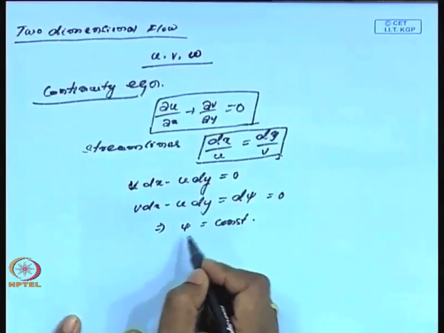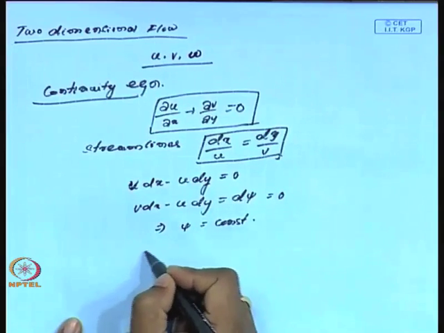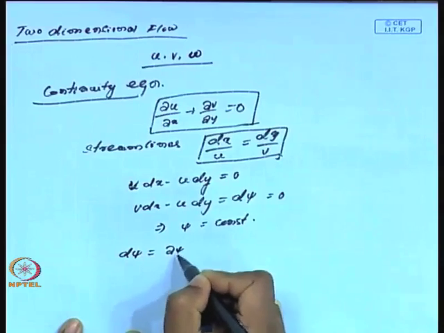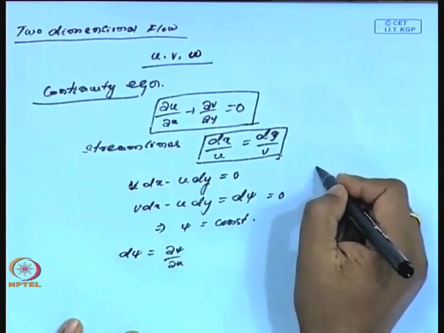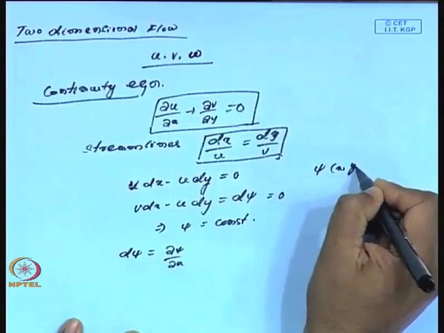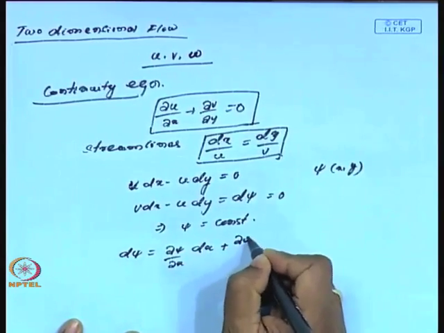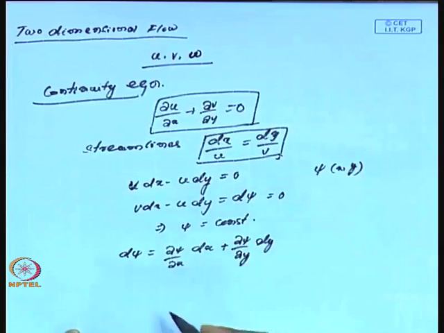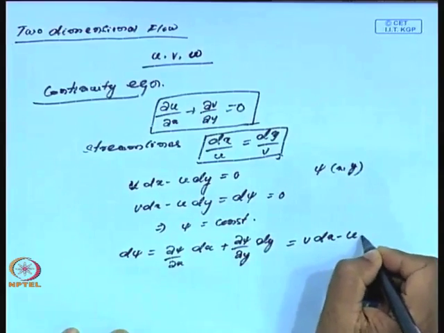If I relate with, so further we can see d psi as del psi by del x, because if psi is a function of x and y, then d psi will be del psi by del x dx plus del psi by del y dy, and this is same as v dx minus u dy.